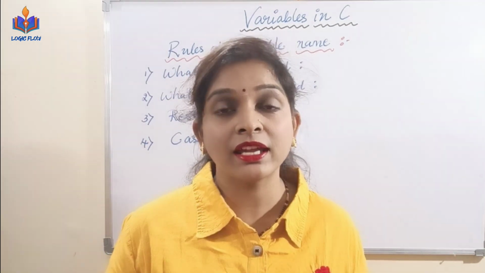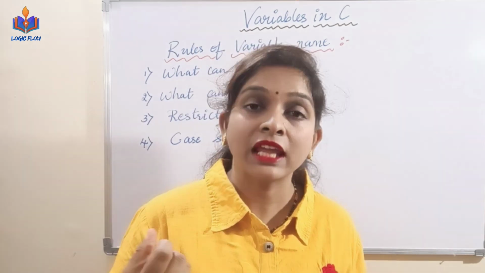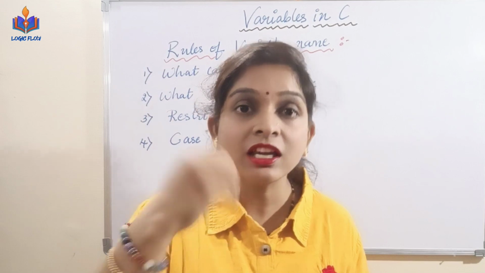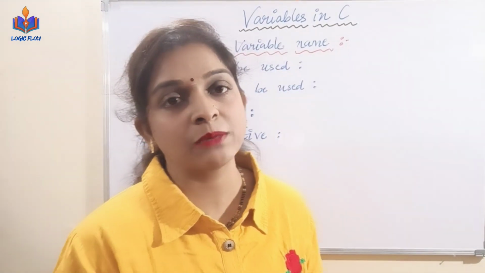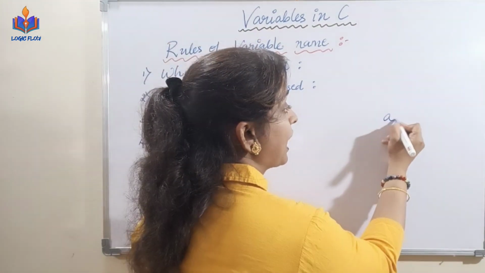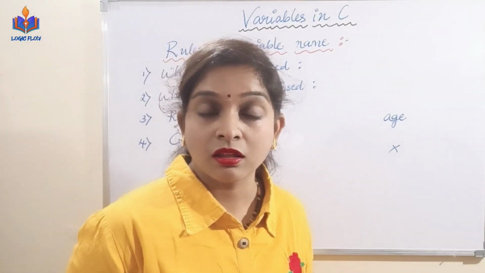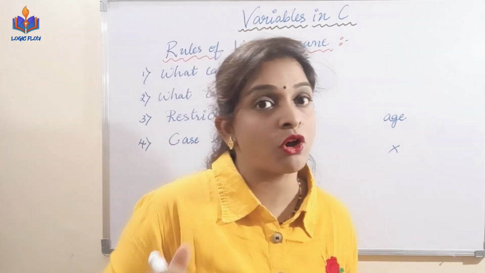It's not that I can simply have the variable name as I wish. The variable name that we create should also suit the data that I'm going to accept. For example, if I want to accept the age of a person, I can have the variable name as age itself. It's not like I can simply say x. You have to have variable names that suit your data.